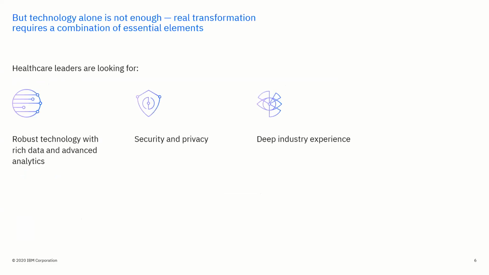Technology alone is not sufficient. Real transformation requires a combination of essential elements, including the technology, the security of the system, and the privacy of the data.